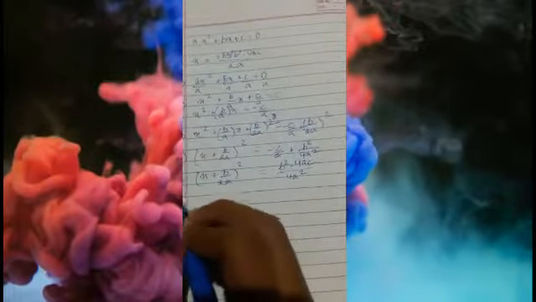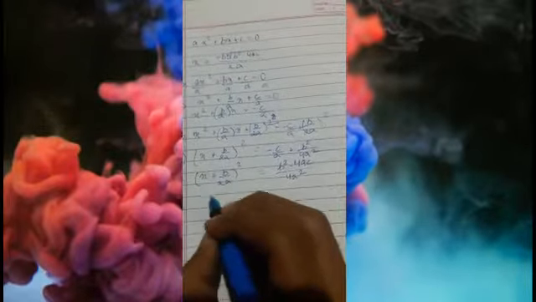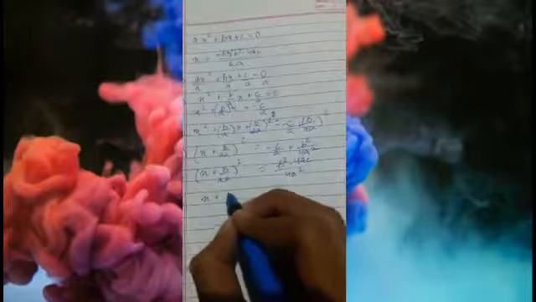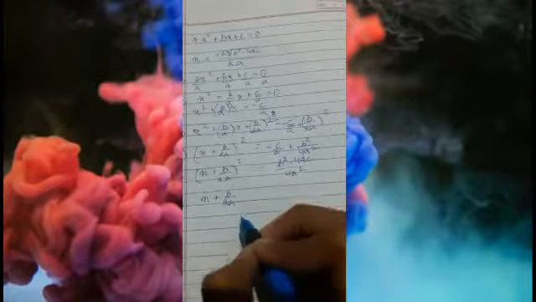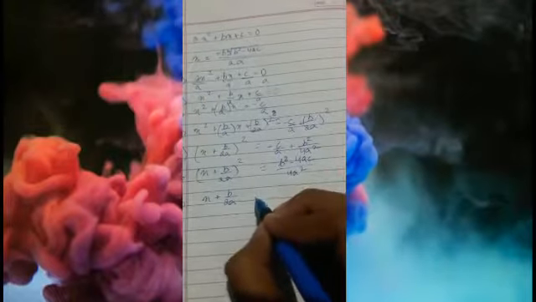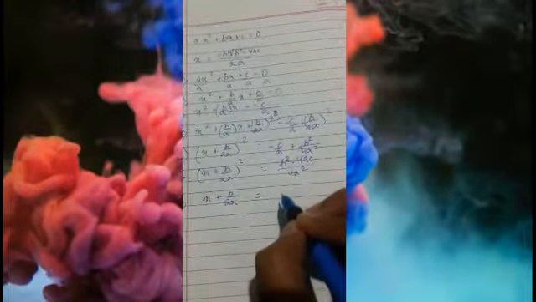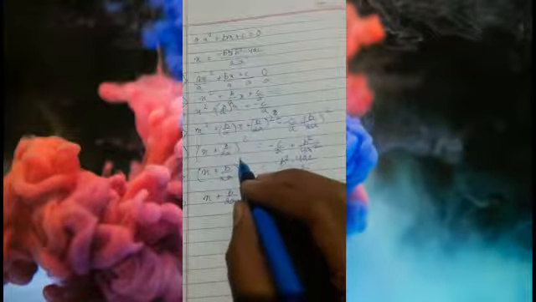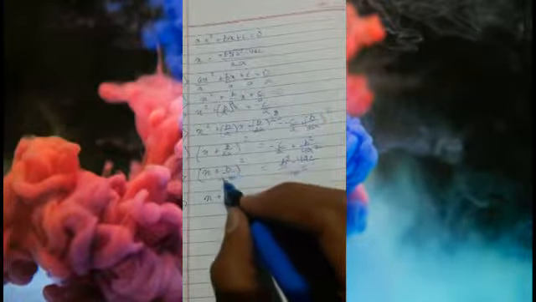So let's see how we can approach it. We can see that x plus b by 2a whole square is equal to this term. Now we'll take the square root on both sides, so it becomes x plus b by 2a. Actually the square root always gives a positive value.